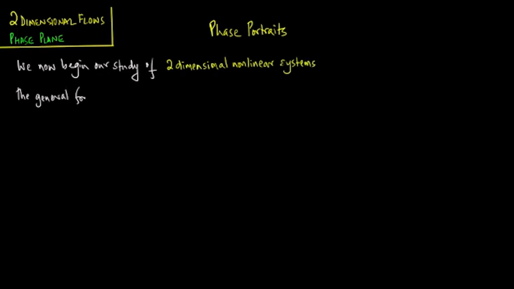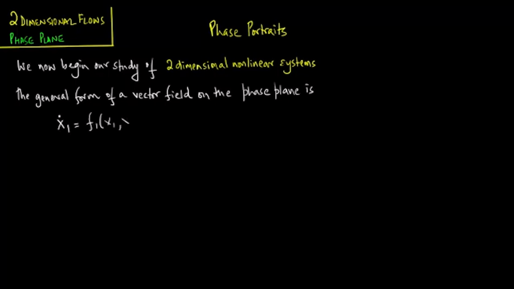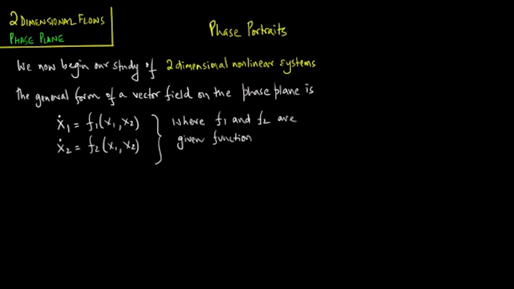The general form of a vector field on the phase plane is x1 dot is equal to f1 of x1, x2, and x2 dot is equal to f2 as a function of x1 and x2, where f1 and f2 are given functions.